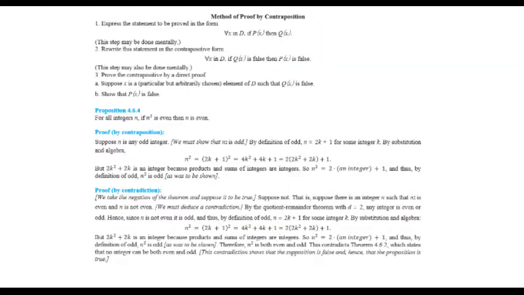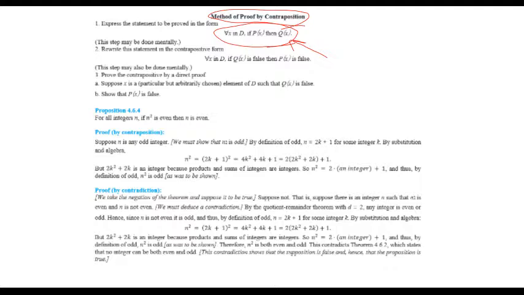After introducing the method of proof by contradiction and seeing a few examples, let's see a very similar method, which is called the method of proof by contraposition. This method is used when you want to prove a universal conditional statement like this. Let's assume that for every x belongs to D, if P of x is true, then Q of x.